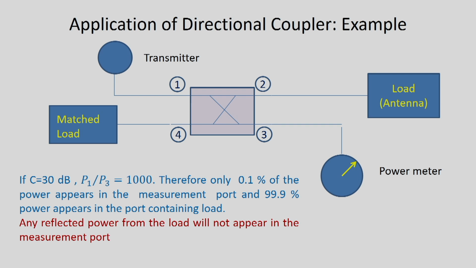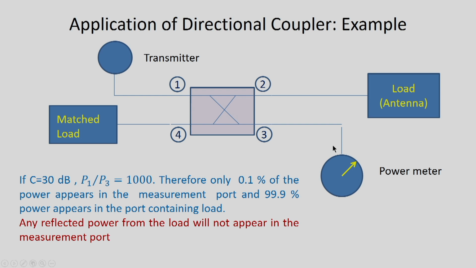For example, if we have C equal to 30 dB, then P1 by P3 is 1000. That means P3 is 1/1000 of P1, which is actually 0.1%. So, this measurement port will get 0.1% of the power, whereas the load will get 99.9% of the total power.